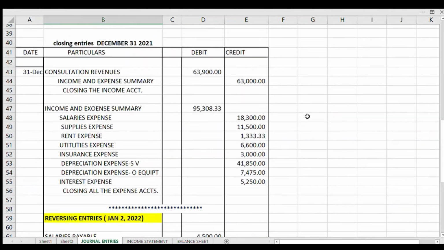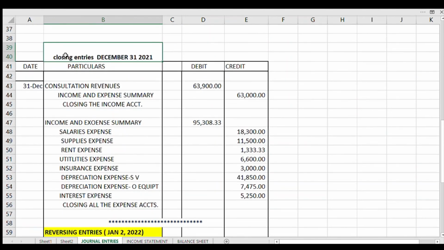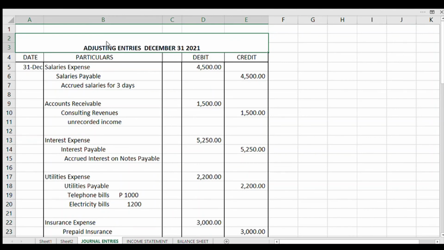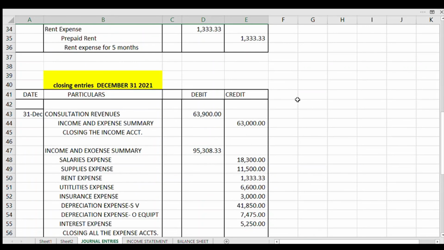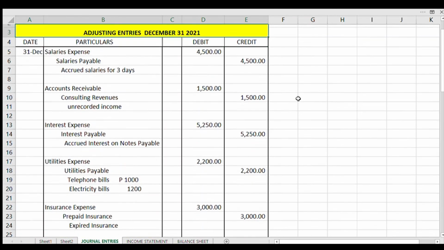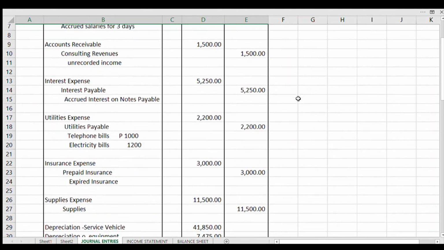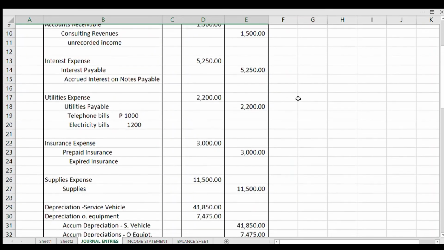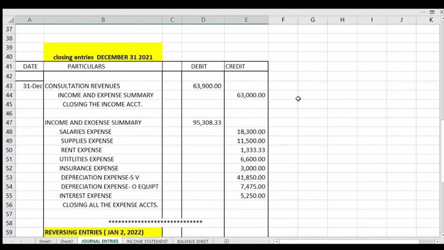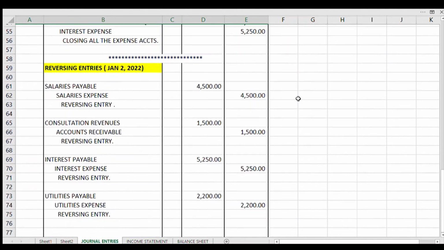I think we're almost through, and we're just making some finishing touches here, just a bit of highlighting. So this is our adjusting entries. Again, for a second look, our closing entries. And finally we have the reversing entry.